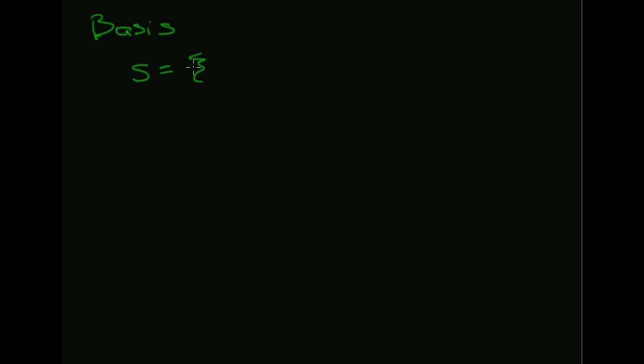So let's call these things v1, v2 out to vn. They're going to be a subset of some set V, where V coupled with addition is a vector space.